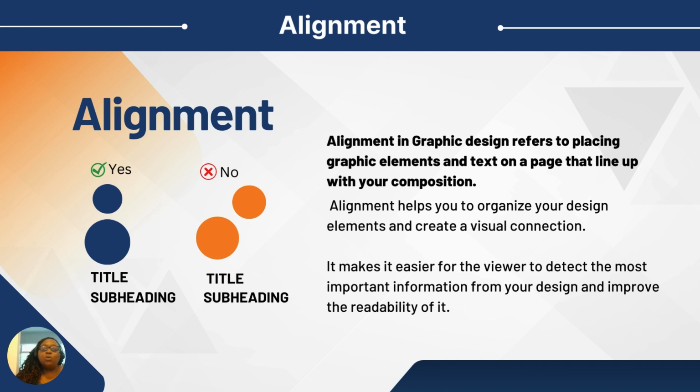We have what I already told you: the right way and the sort of wrong way. All right, so with our blue circles, we have our title and our subheading, and you see they're aligned in a straight line. Then we have the incorrect way of alignment: a title and subheading, and an orange circle off to the side and then a big circle in the middle of the line.